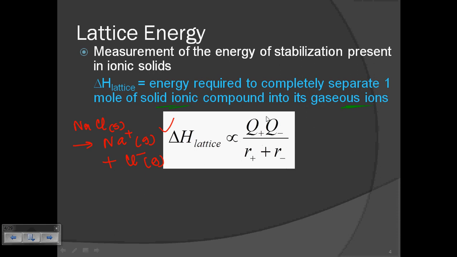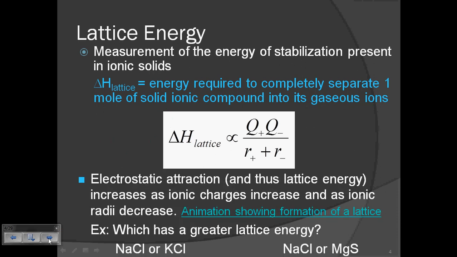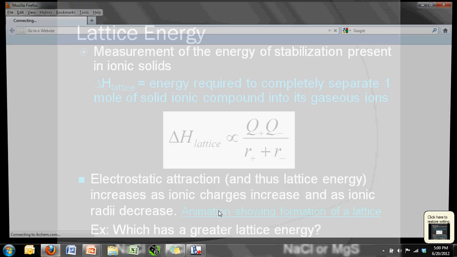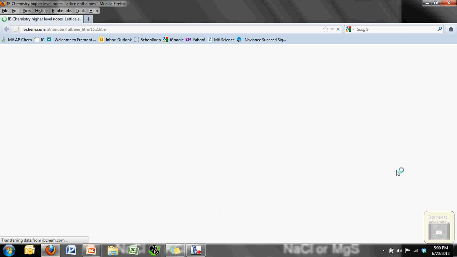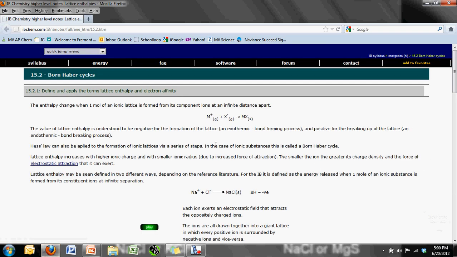The greater the charges on the cation and anion, the larger the lattice energy. Again, this is a great animation to go and see. This animation shows you how a lattice is formed, and this further tells you the definition of lattice energy. You can write it either backwards or forwards.